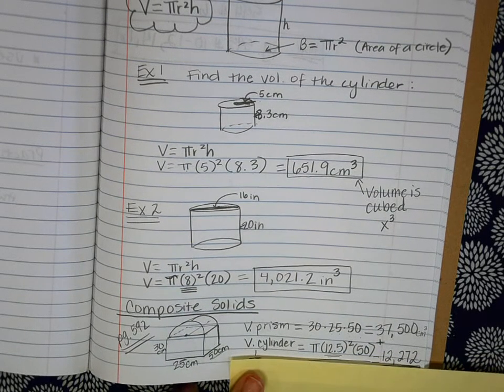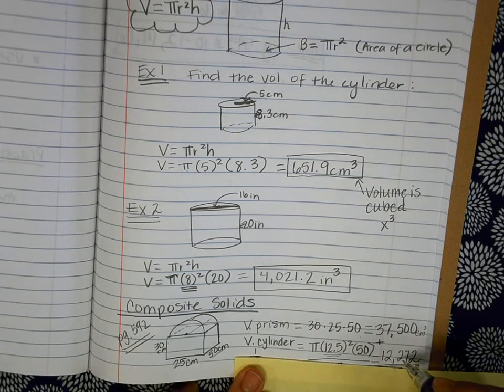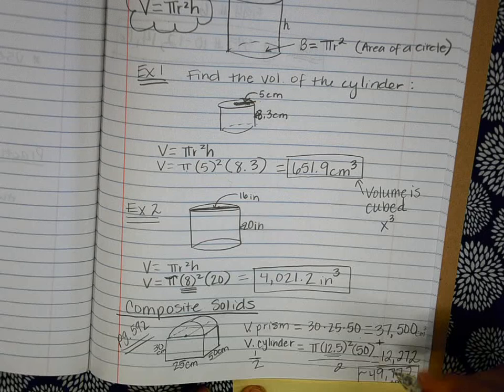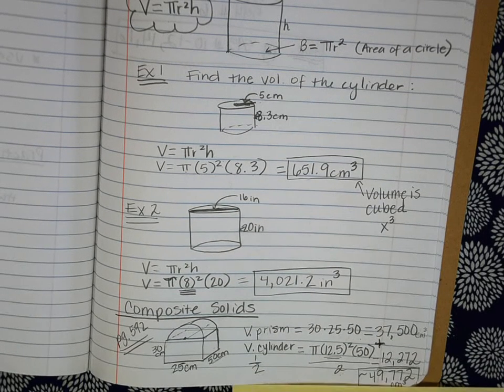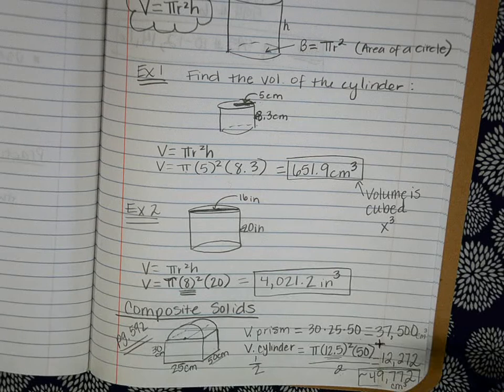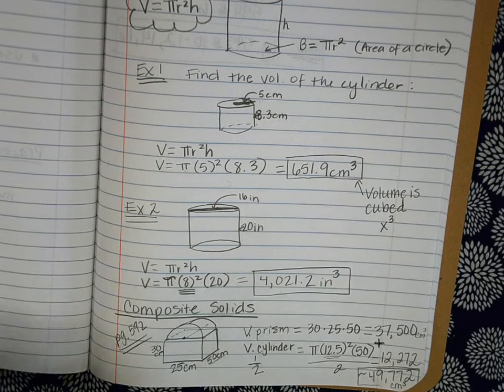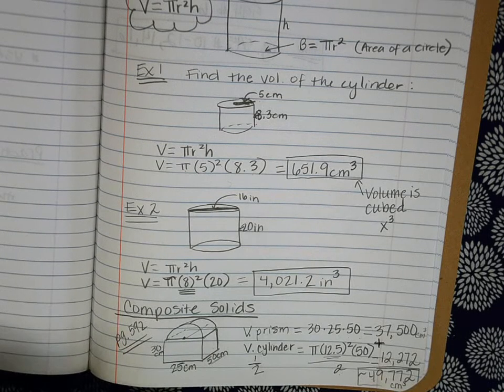After you plug all that in, you get 12,272, rounded to the ones. Oh, by the way, divide by 2. Then you add the two shapes, so you get approximately 49,772 centimeters cubed.